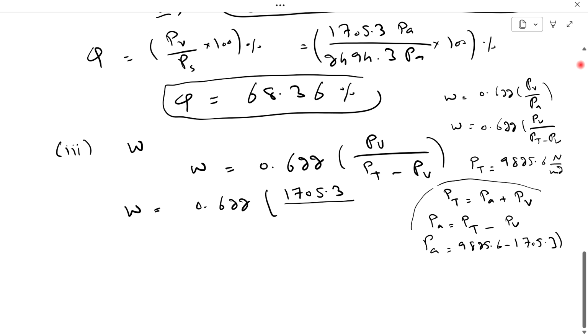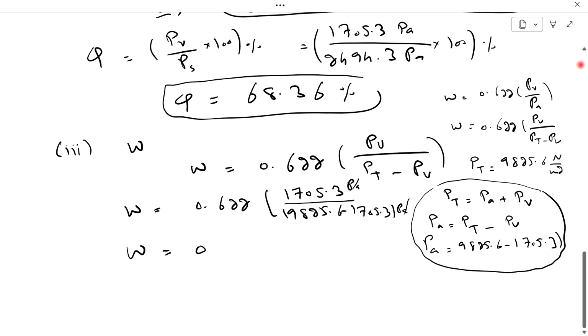Putting in 9825.6 minus 1705.3, Pascal cancels with Pascal, and specific humidity will be equal to 0.011 kilogram of water vapor per kilogram of dry air. So part 3 is solved.